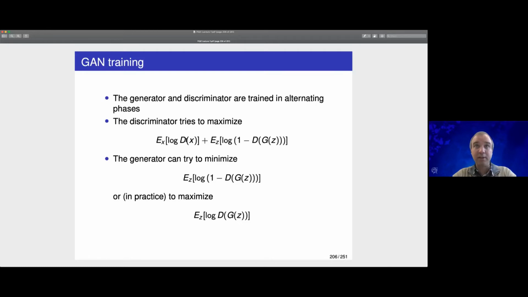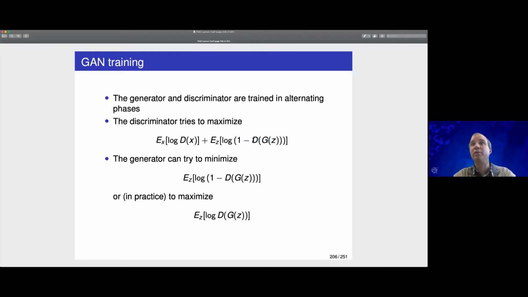Okay, so you see here that, for instance, if we define label real as 1 and label fake as 0, then we try to maximize this part here. We want to make this D of x as big as possible, because then for real data we are outputting label 1, and we try to make this big, which is the same as making this small, so close to 0.